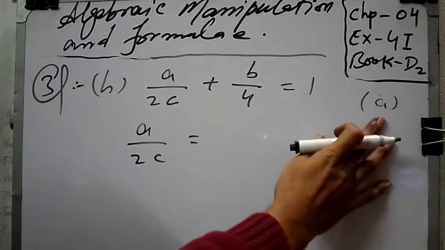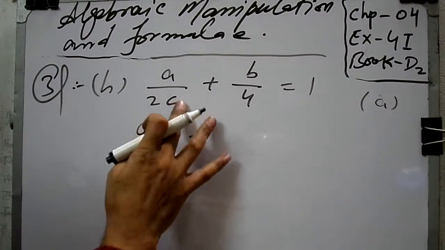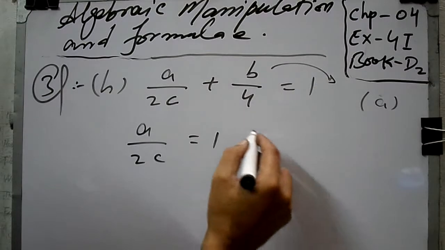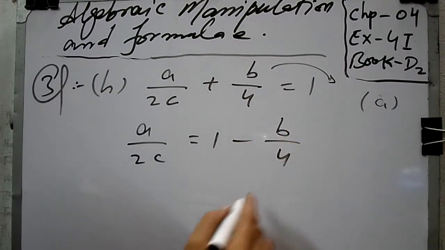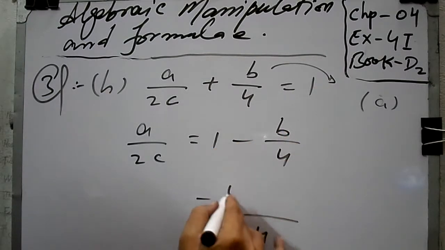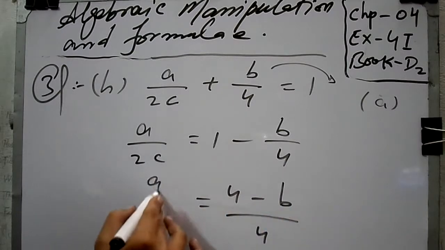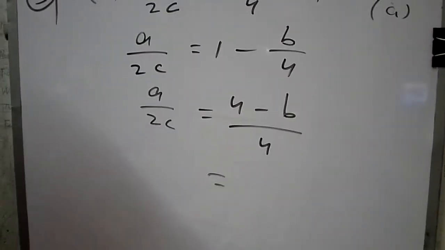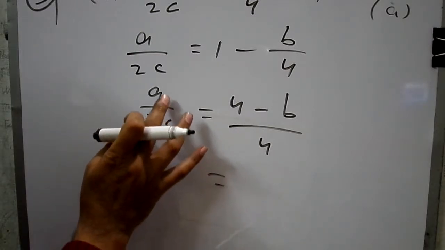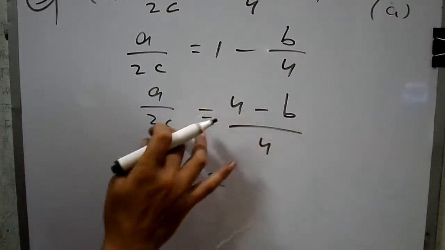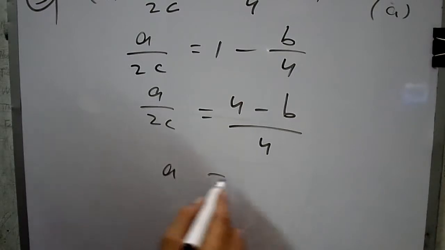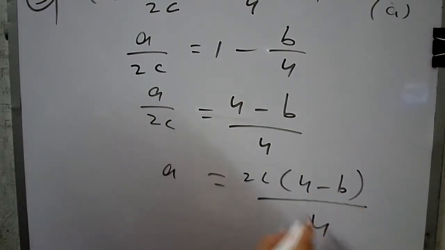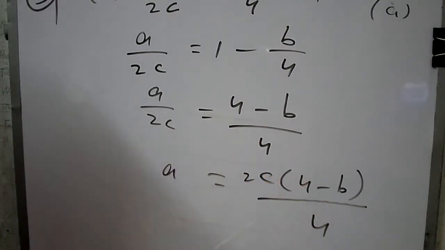You need to find A as the subject, so leave here A by 2C is equal to 1, shift here, so you will get minus B by 4. So taking LCM, A by 2C is equal to 4 minus B over 4. Now you need the value of A, so by using cross multiplication you can write A is equal to 2C into 4 minus B, divided by 4, that is your 2C.